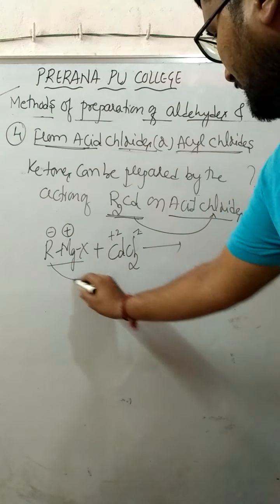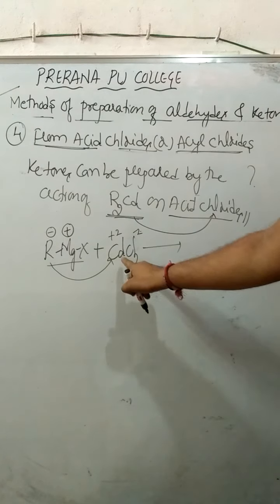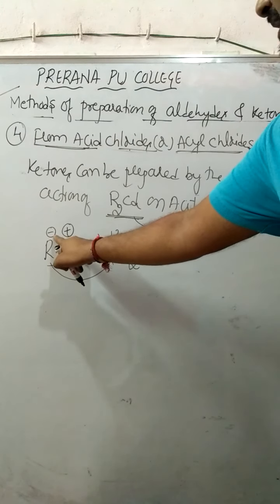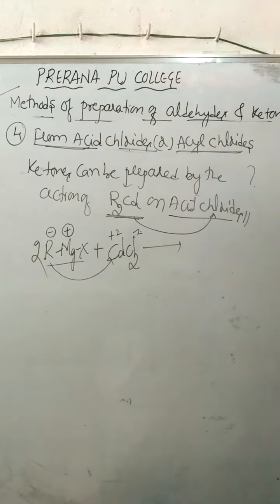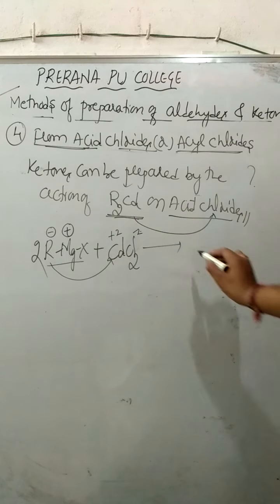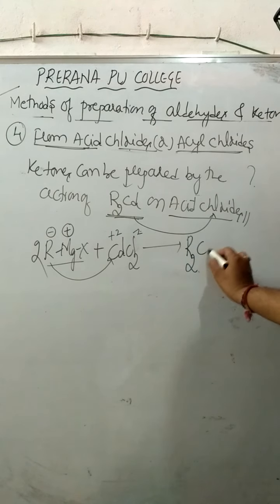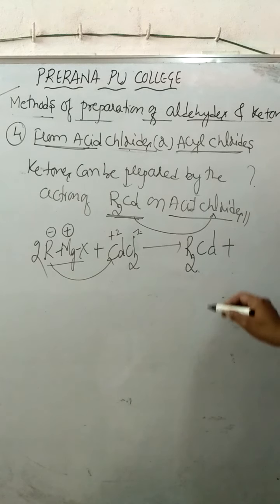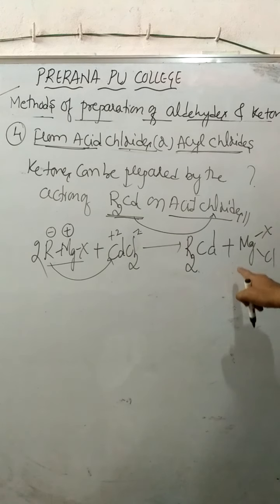So that R minus will combine with cadmium. Since its charge is plus 2 and this is minus 1, it will be 2 moles of Grignard reagent that will give rise to dialkyl cadmium, that is R2Cd, along with the formation of magnesium halides. Here I can call it magnesium chlorohalide, which will be how many times? That will be 2 times.